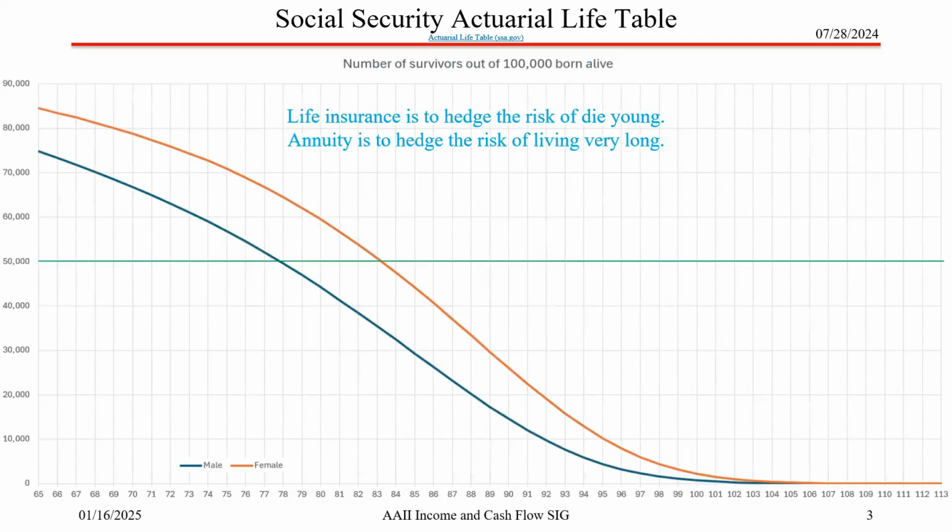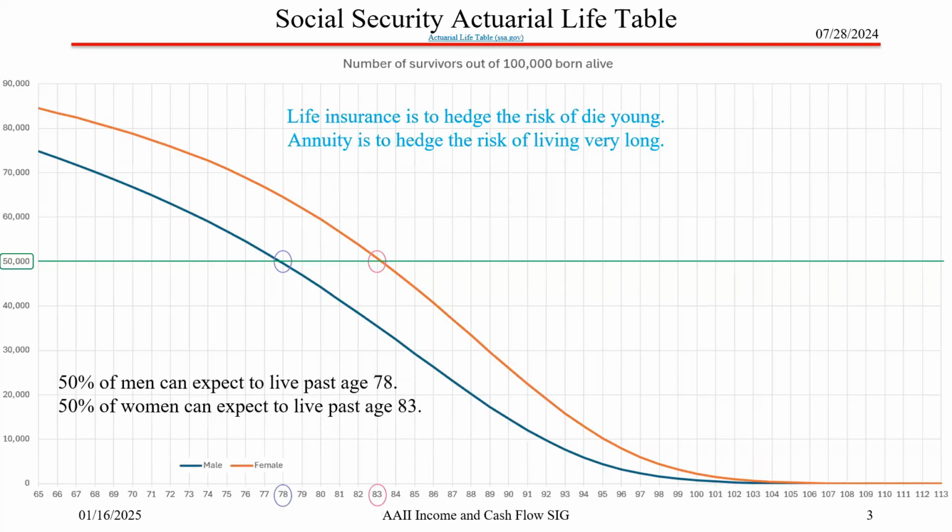So we look at the life expectancy. Of course, men die earlier than women. And if you look at this, this is kind of funny. Social Security says the sample is 100,000 people, and for the first 50,000 to die, for men that's about 78, and for women that's about 83. So that's a good reference point.